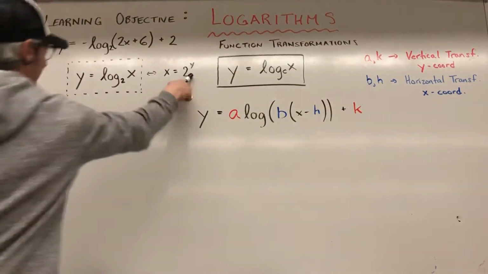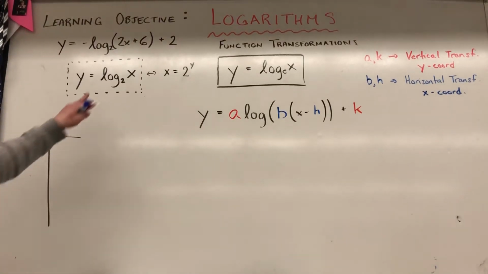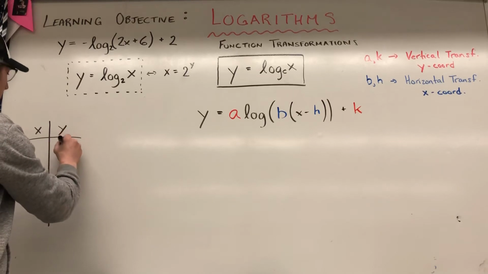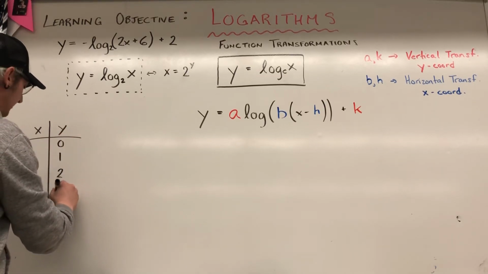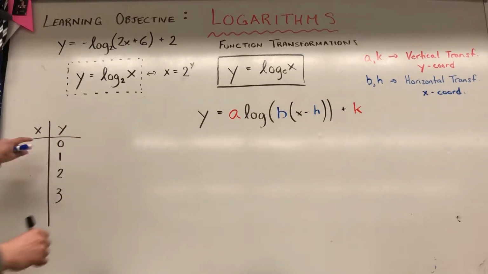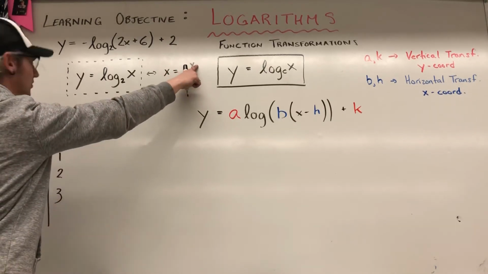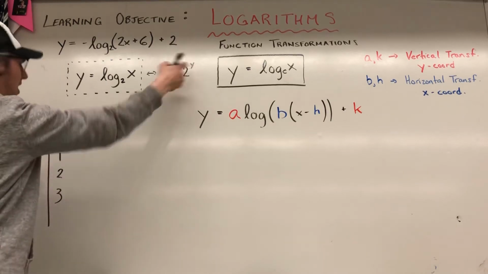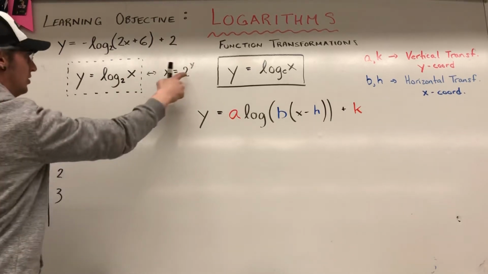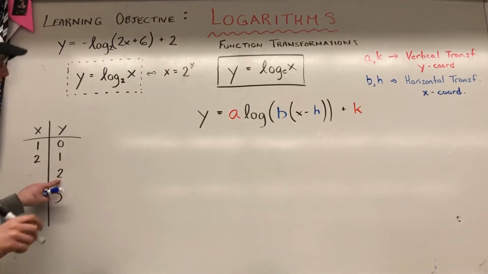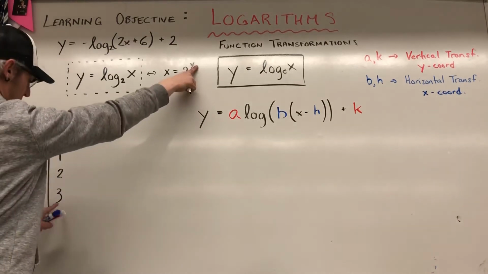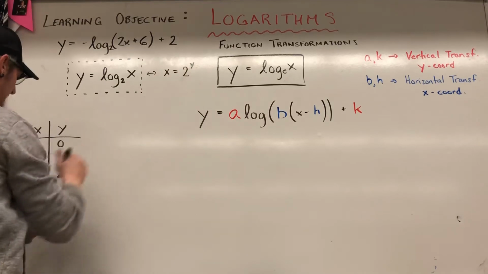So x is actually a function of y in this case. That's what this represents. So I'm going to use the same values, 0, 1, 2, 3. Okay? 2 to the power of 0 gives me x. 2 to the power of 0 is 1. 2 to the power of 1 is 2. 2 to the power of 2 is 4. 2 to the power of 3 is 8.